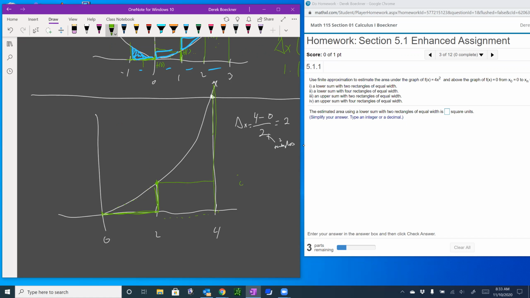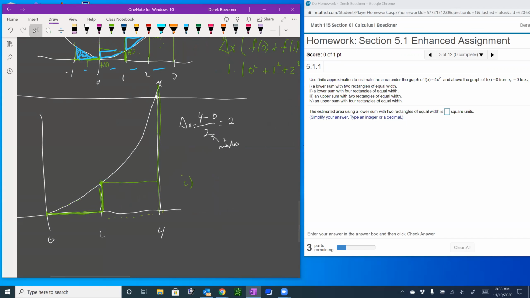So I get two rectangles, both have delta x equal to 2. So I'm going to take 2 for the width, and then I factored out the height. So that's the width of each of the rectangles. The height of the first one is 0. The height of the second one is f of 2.